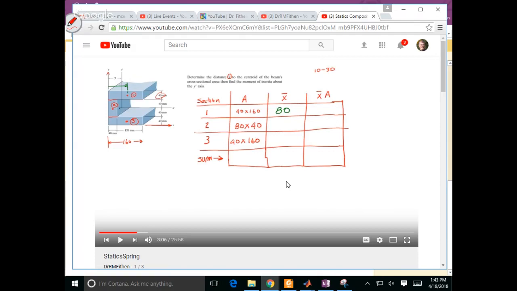So X bar is the distance over. That looks to me like 120, and I can barely make that out, but I think that's a 40. So that means the distance over to here is 80. The distance to 2 should be 20, and this should be 80 again.